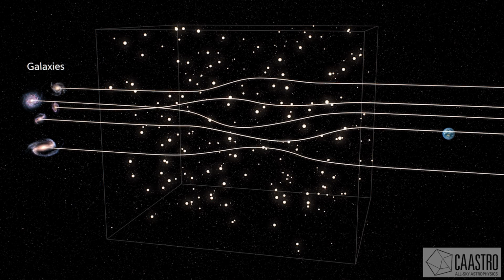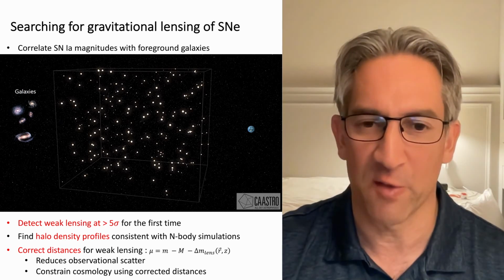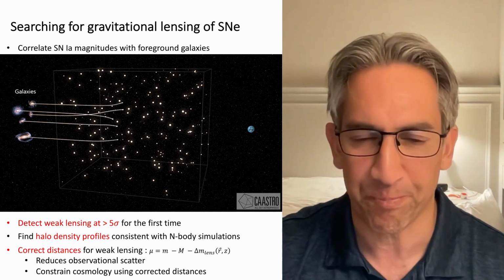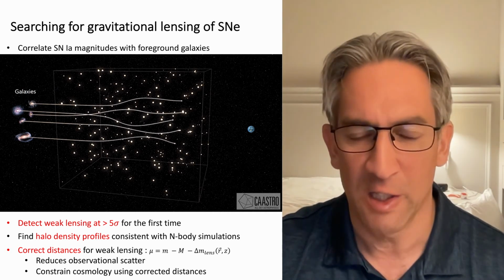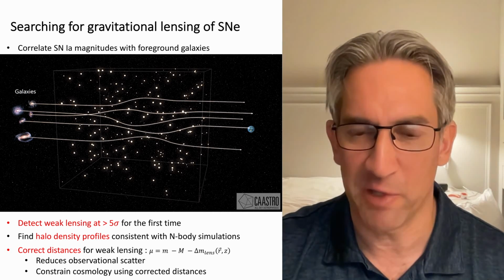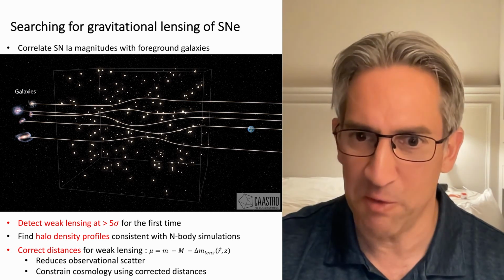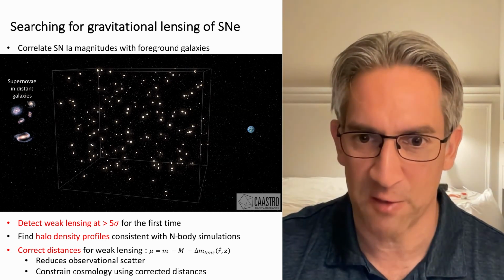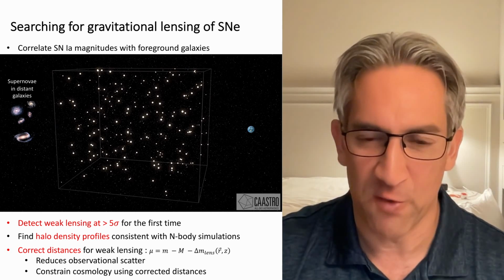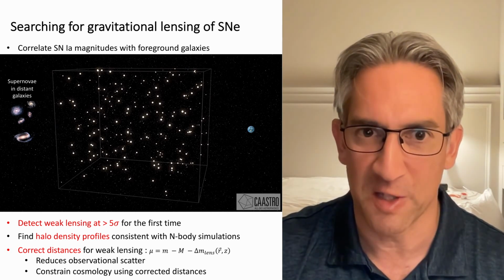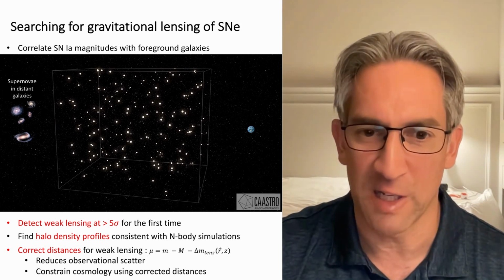Furthermore, our data constrains the profiles of these dark matter halos and shows that they are consistent with N-body simulations. Now, we can do more than that. We can also, using a calibrated lensing estimator that we build, correct distances for weak lensing. So in a similar way that adaptive optics corrects photometry for atmospheric distortions, our lensing estimator will correct distances for distortions induced by weak lensing.